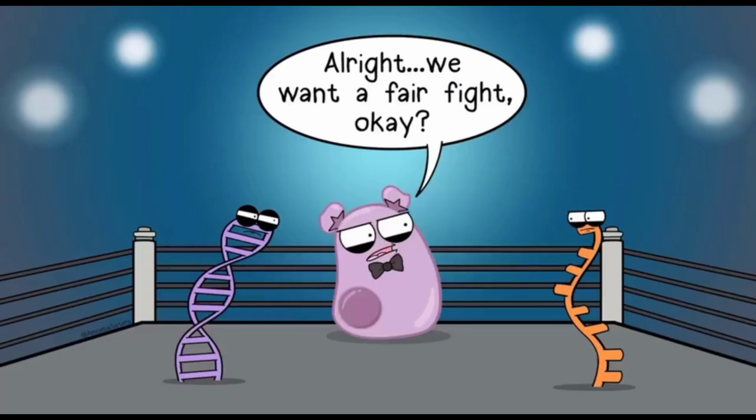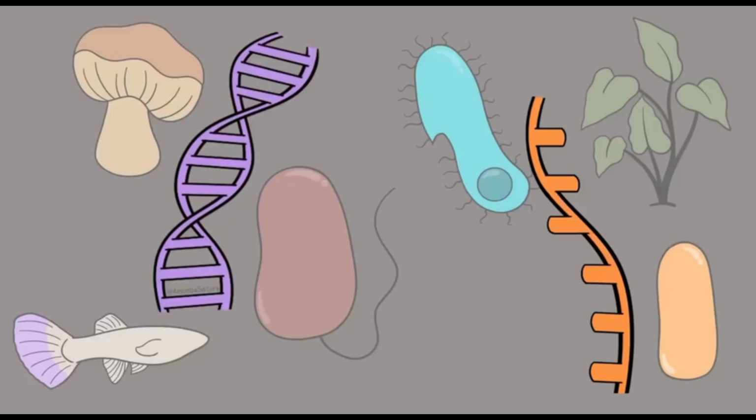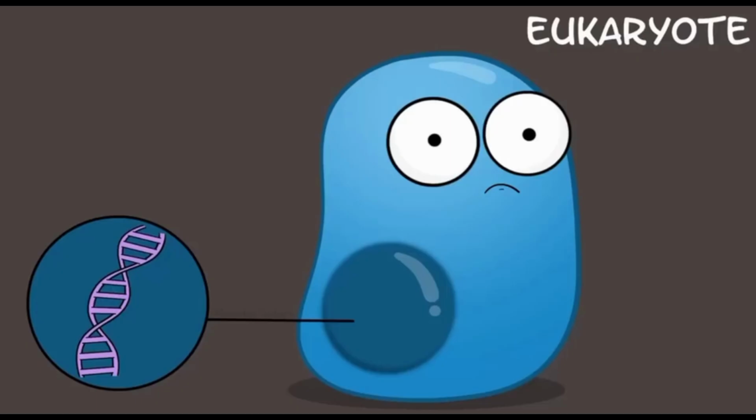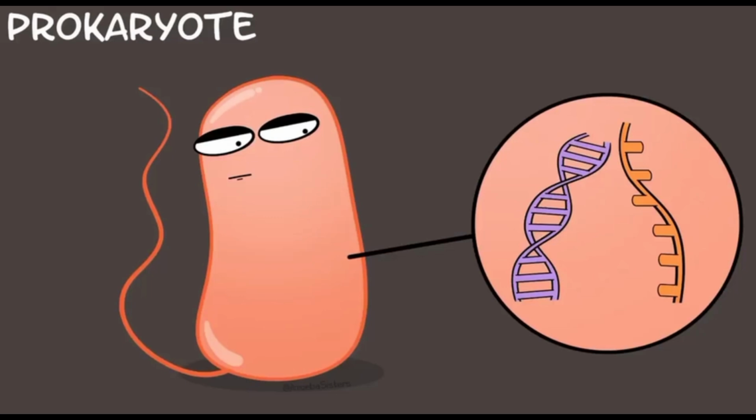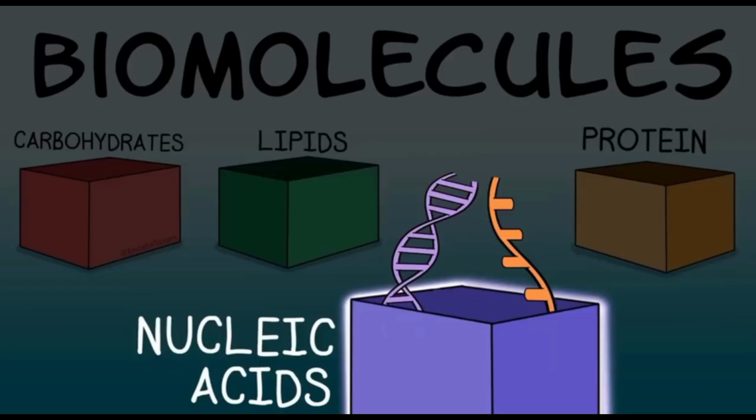So let's compare and contrast DNA with RNA. First, you will find DNA and RNA in all living organisms. In eukaryotic cells, DNA tends to be found in the nucleus, while you can find RNA both inside and outside of the nucleus. Prokaryotic cells don't have a nucleus. Both DNA and RNA are nucleic acids, which are a type of biomolecule.